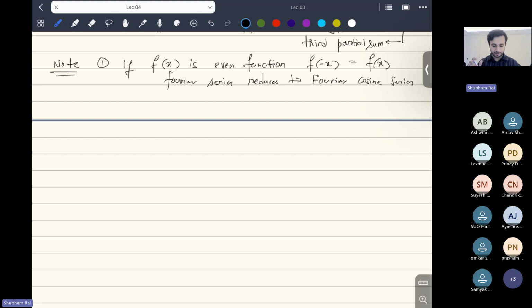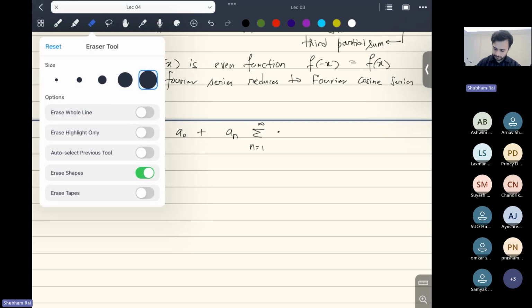You will be only left with an, and the series will reduce to f of x is equal to, sorry, a0 will not go to zero. Pardon, a0 will not go to zero. Only bn will go to zero. So the series will reduce to a0 plus the sum of an, with n equal to 1 to infinity.